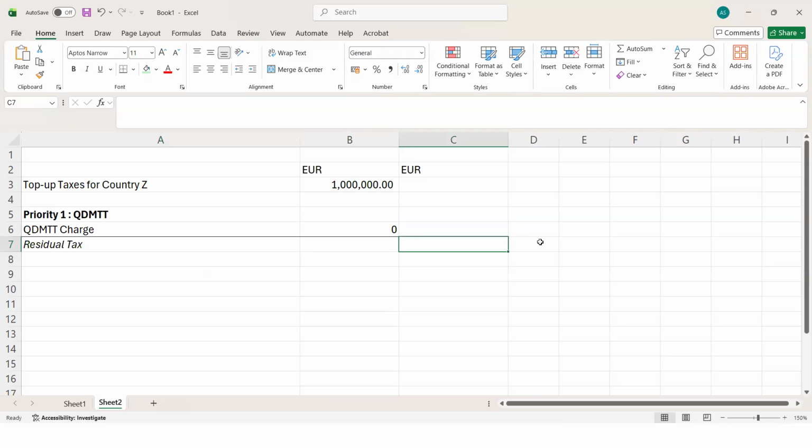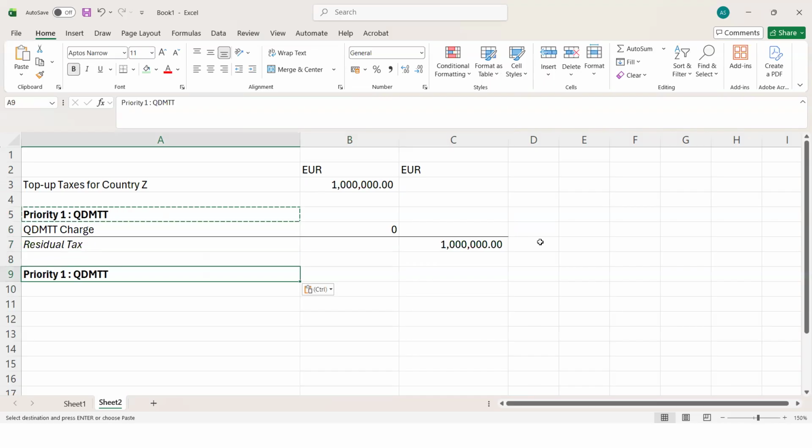It's going to be this minus this, right? The entire thing is residual tax after QDMTT. Now, what is priority two? Priority two is IIR, right?